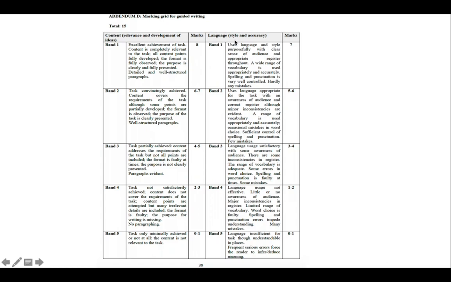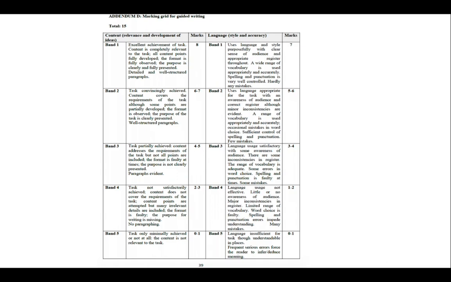And then the language, which is style and accuracy, also has 5 bands and how they can get the points to make up 15 points. And this, again, as you can read, is quite general. It's not very specific, as we have seen with the different scoring rubrics that we have looked at, which are more specific.